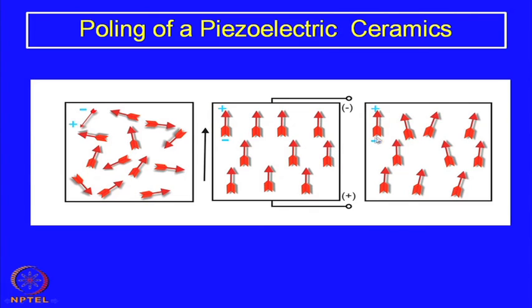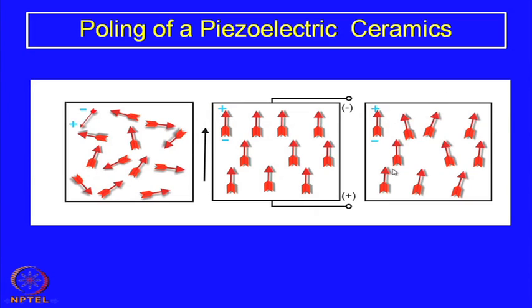However, if you remove the applied voltage, there will be a little bit of readjustment, a slight misalignment, but it still remains more or less aligned. That depends on the remnant polarization. If the remnant polarization is very high, then this will be retained.